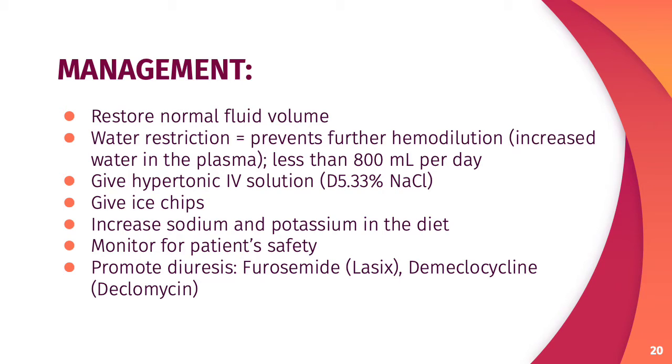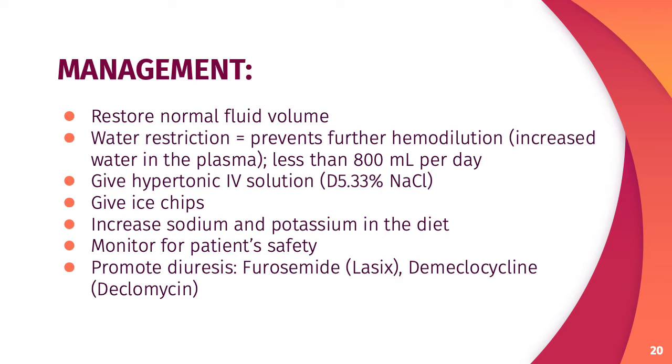Monitor for patient safety, since there were also neurologic changes, and the mental level of consciousness also had an effect on that. And of course, you have to also promote diuresis. You can do this by administering furosemide (Lasix) or demeclocycline.